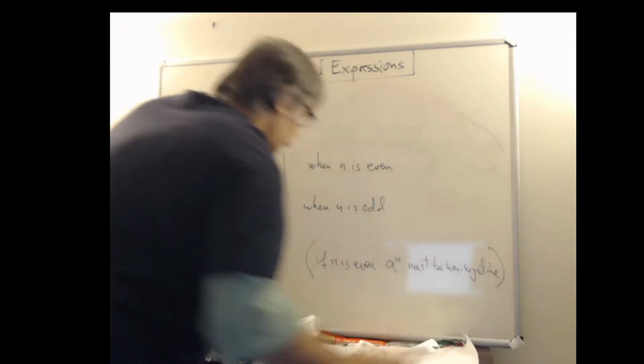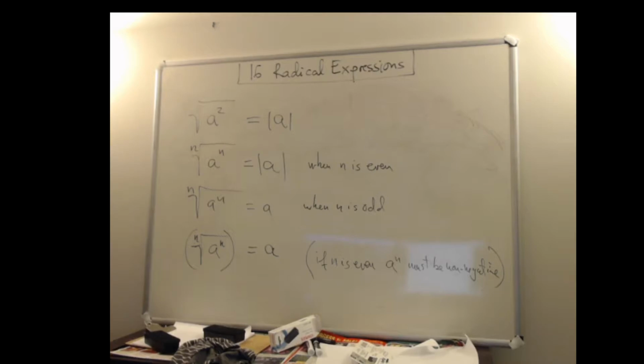And you need to remember that. Right? This is going back again to the stuff I already mentioned. If the index of a radical is even, then the radicand must be non-negative, and the radical itself must be non-negative. It's kind of easy to remember. So this is the first property to remember.